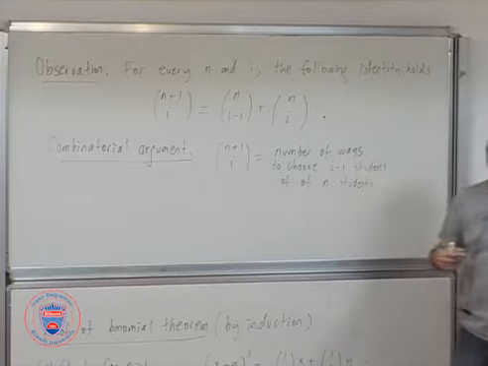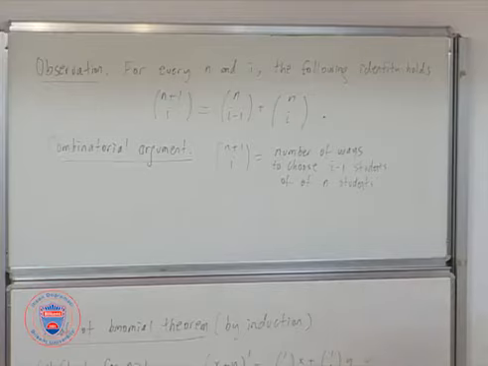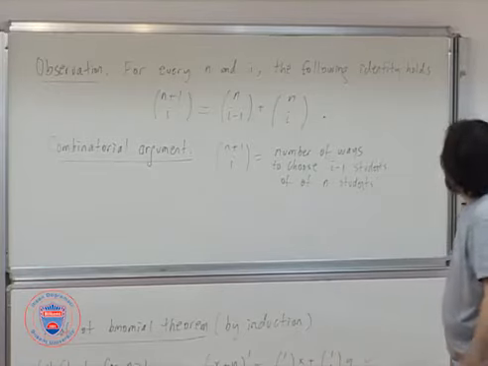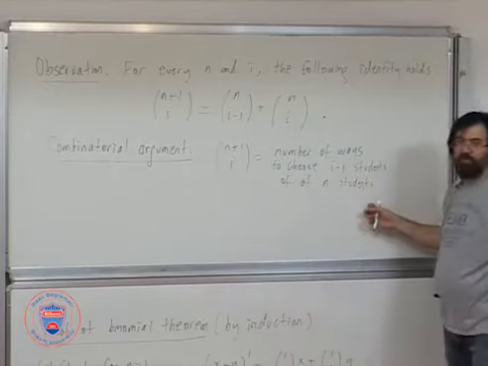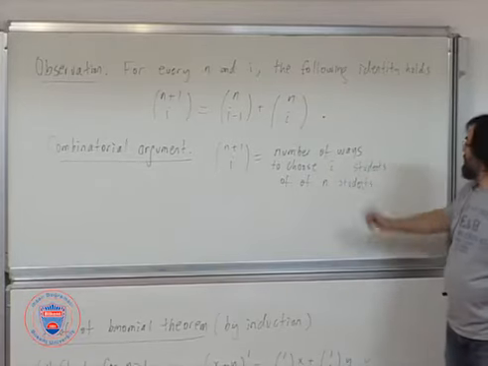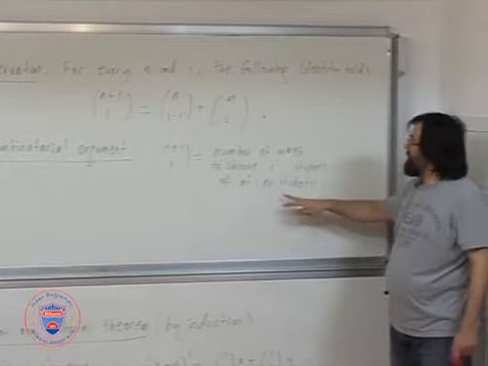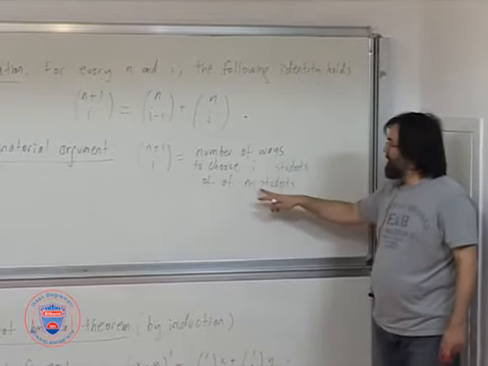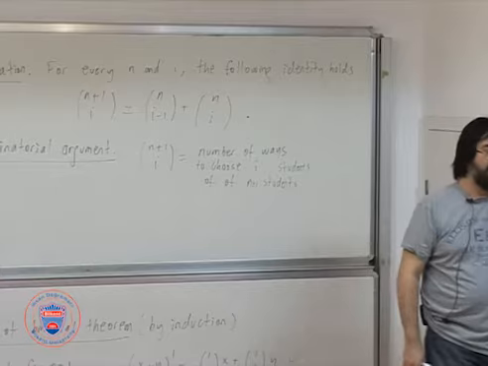And say one of the students is, what's your name? Batuan. So one of the students is Batuan. We're choosing a committee with i students out of n plus 1 students, and one of them is Batuan.